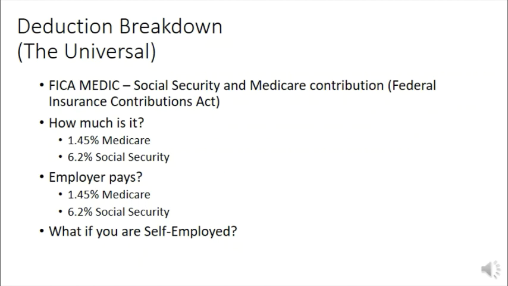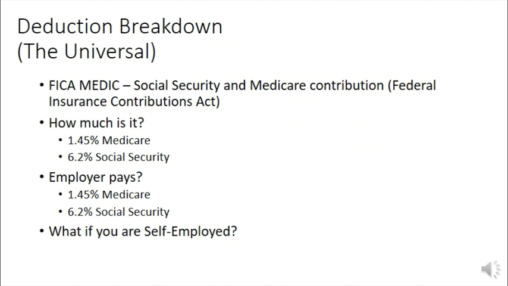To break it down, 1.45% of your paycheck goes into the Medicare pot, 6.2% of your paycheck goes into the Social Security pot. This contribution is matched by your employer. They pay 1.45% of your paycheck into the Medicare pot and 6.2% of your paycheck into the Social Security pot.